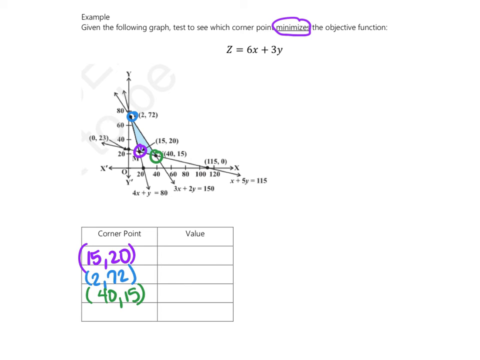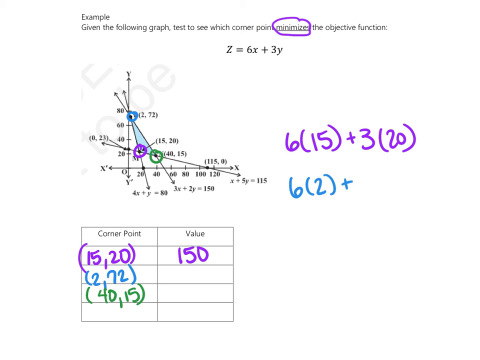And so when I plug these in this time into the equation, I get 6 times 15 plus 3 times 20. And the value is this right here. The next one I'm going to get 6 times 2 plus 3 times 72.